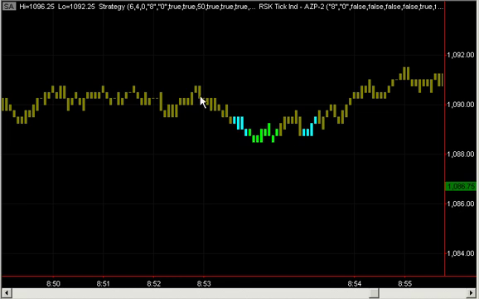And notice how precise we're getting here. This little retracement comes down, cyan to green, and then back to gold, 1 tick off of the low of this move. Okay? 1 tick off the low. That's how precise this is.